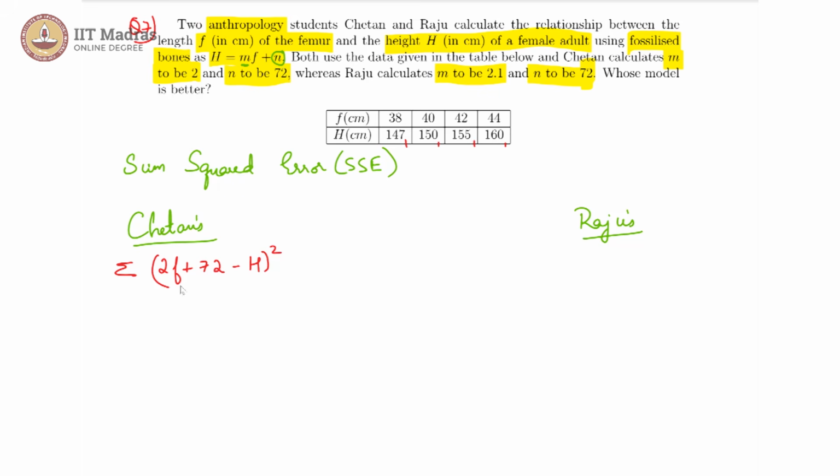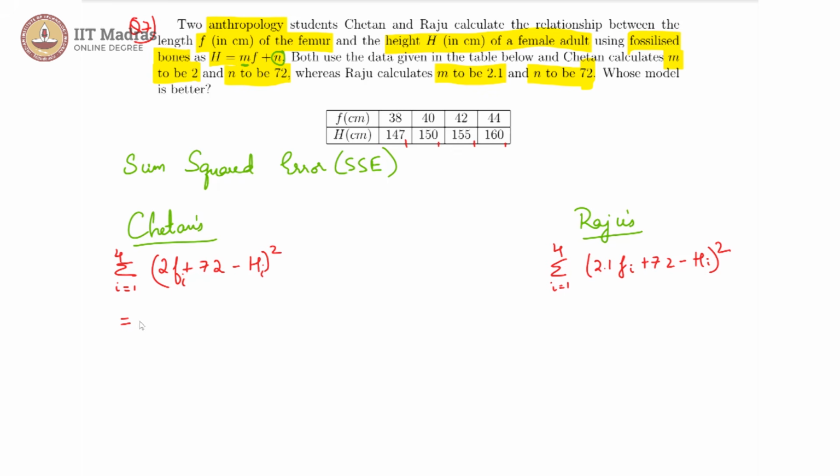So let's call this fi, hi, and i goes from 1 to 4. And in case of Raju's measurements, this error would be again i goes from 1 to 4, and we have 2.1 fi plus 72 minus hi, the whole square. So I think we just need to do the calculations now.